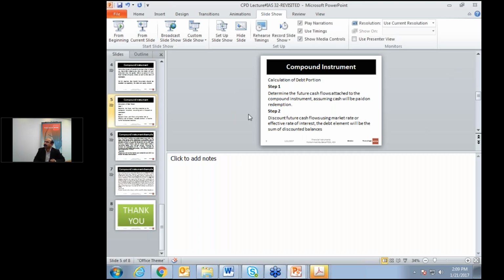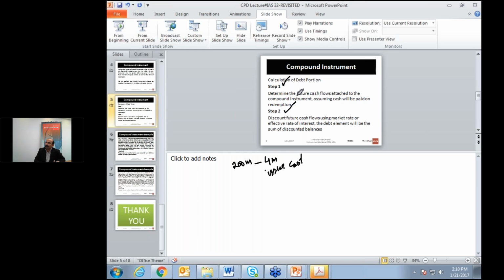Our compound instrument is like we have collected 200 million minus 4 million issue cost. This is the issue cost. Step number 1 and step number 2 have nothing to do with the issue cost.